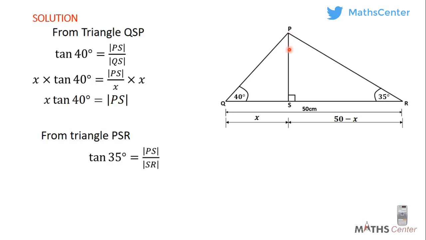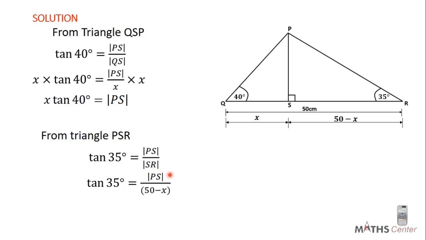If you are considering triangle PSR, we can say that tan 35 degrees, which is this acute angle here, is equal to opposite, which is PS, divided by adjacent, which is SR. But from the diagram here, we are seeing that the adjacent, SR, is the same as 50 minus X, because from S to R is 50 minus X. So tan 35 degrees is equal to PS divided by 50 minus X.